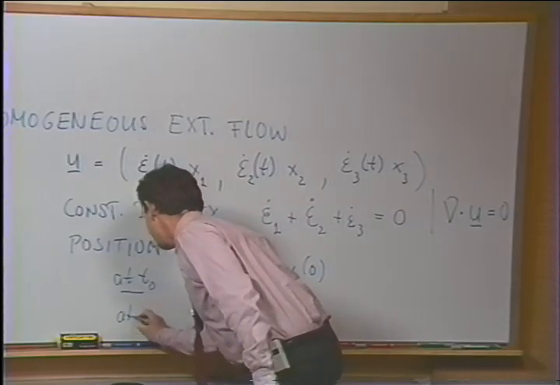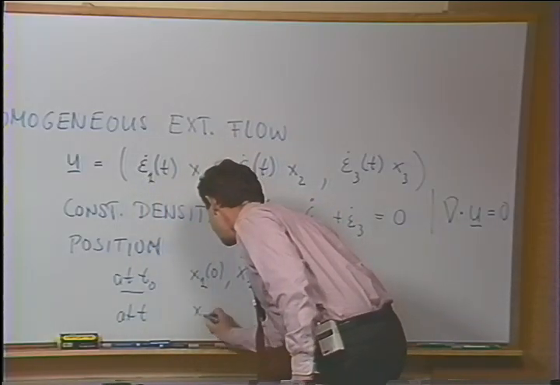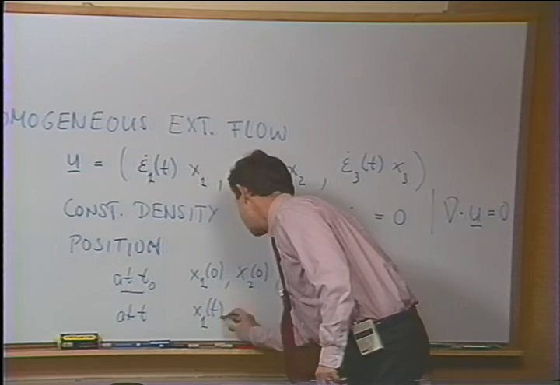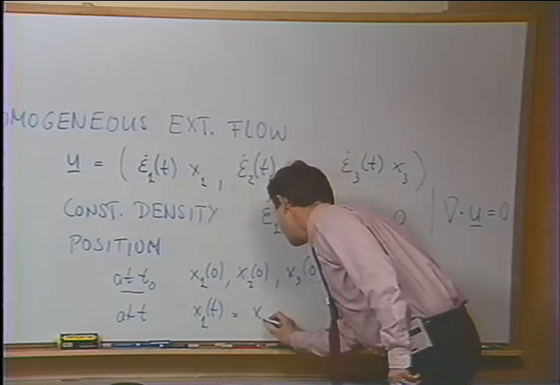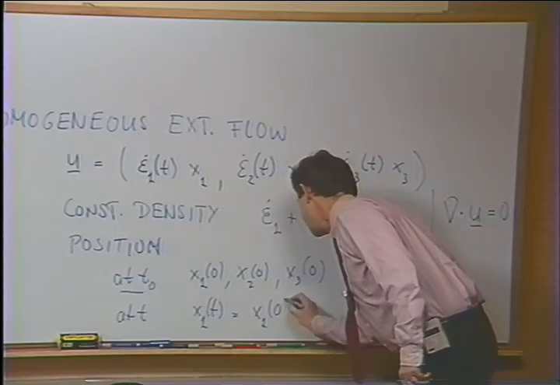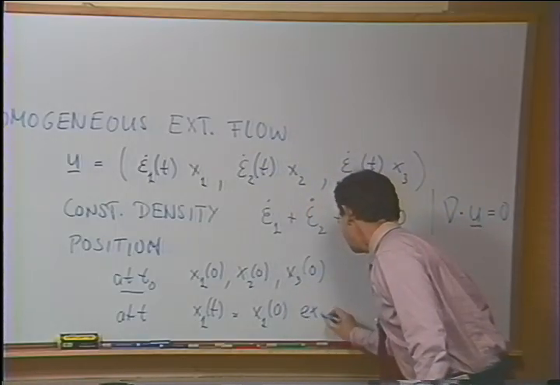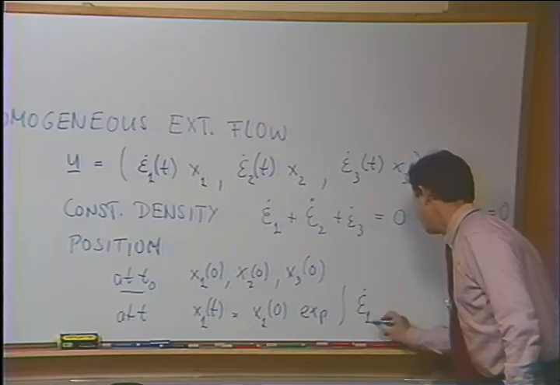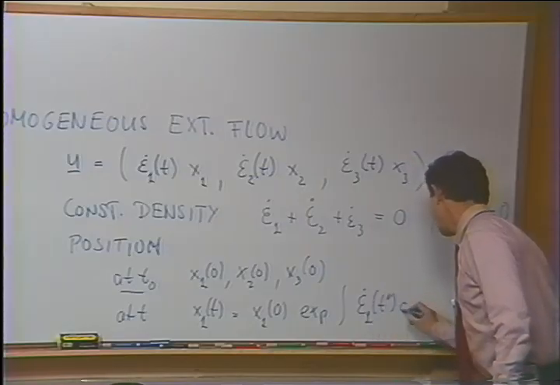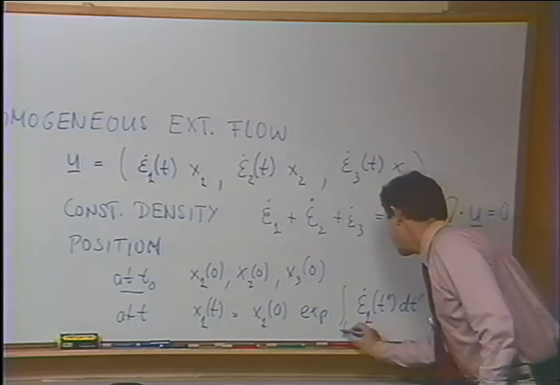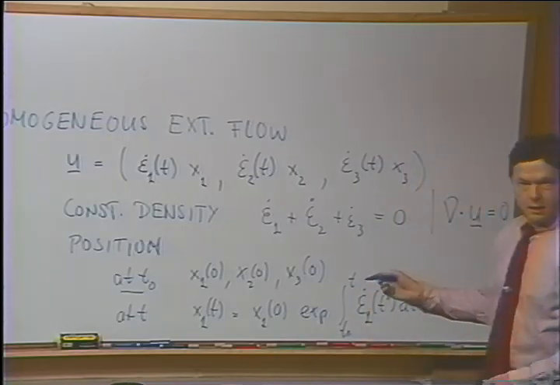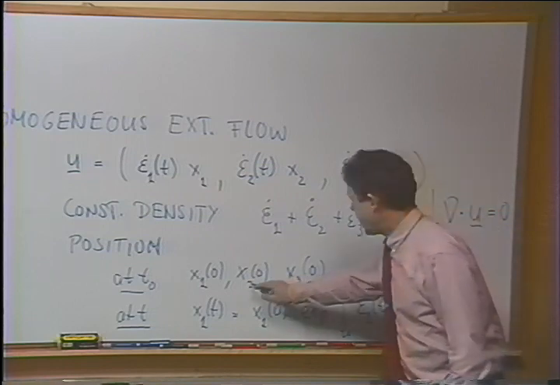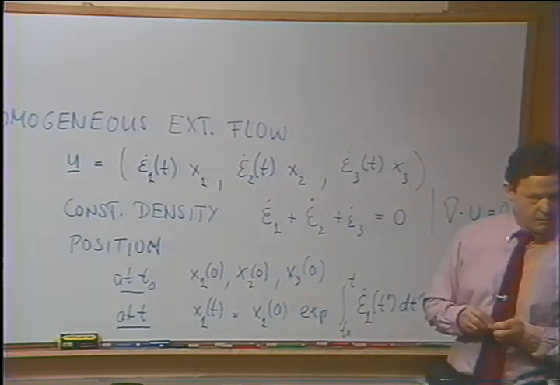Then at some later time t, the position, say, would be given as x1 as a function of time now at this new time, and that's given as the position x1 at t0 times the exponent of an integral over the extension rate in one direction at some intermediate times integrated from, say, t0 to t, and you would calculate the x2 position, x3 position in the same fashion.